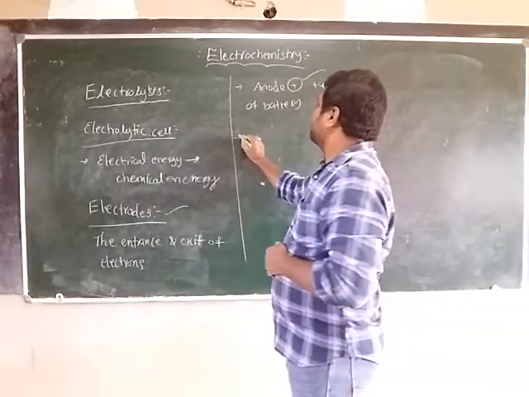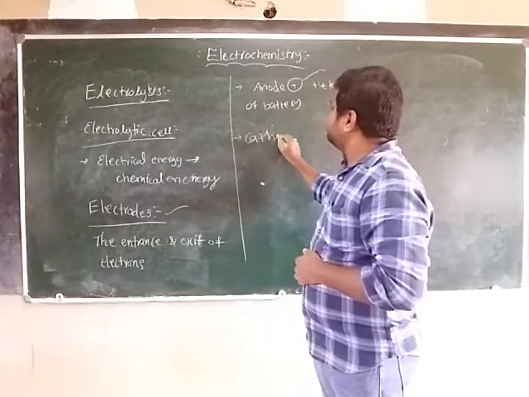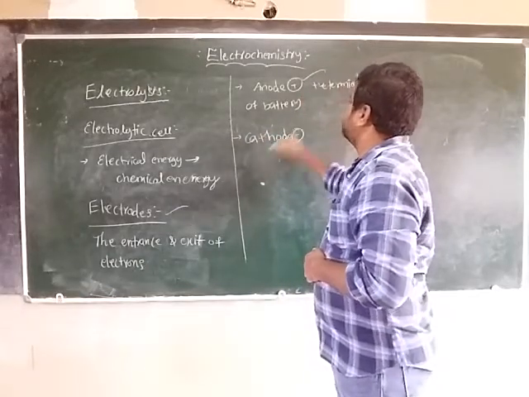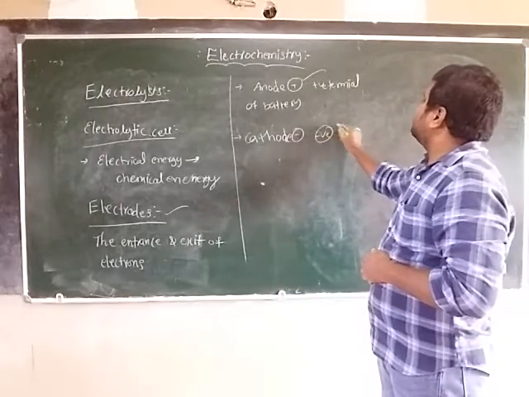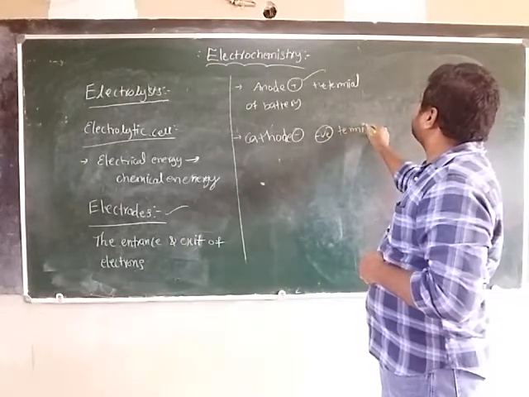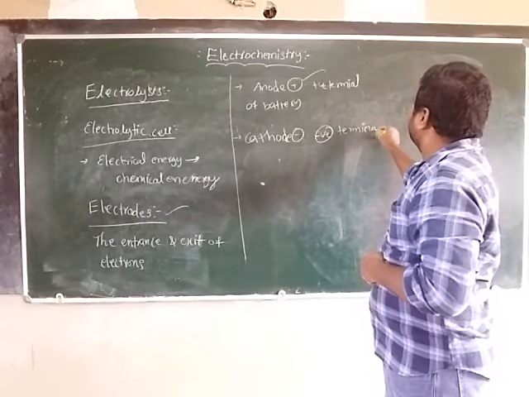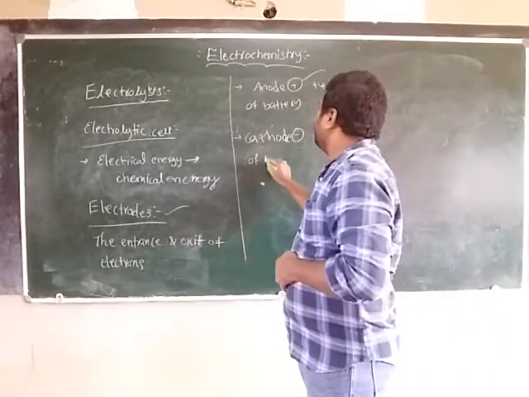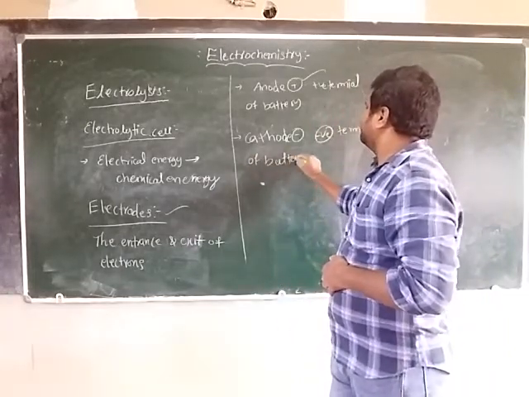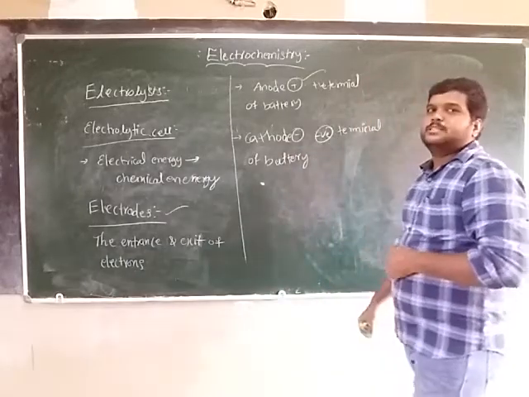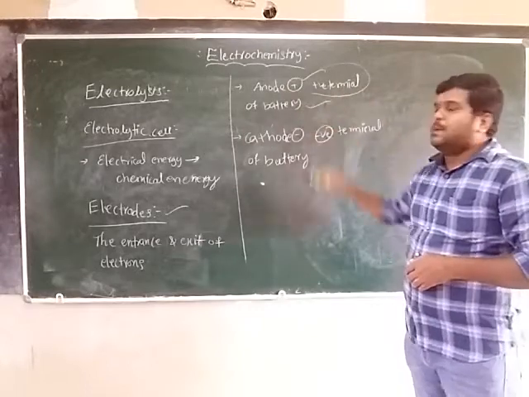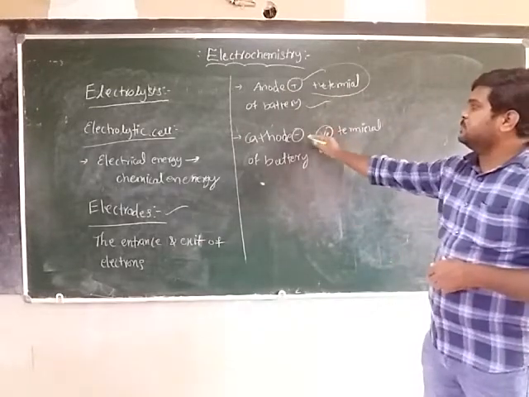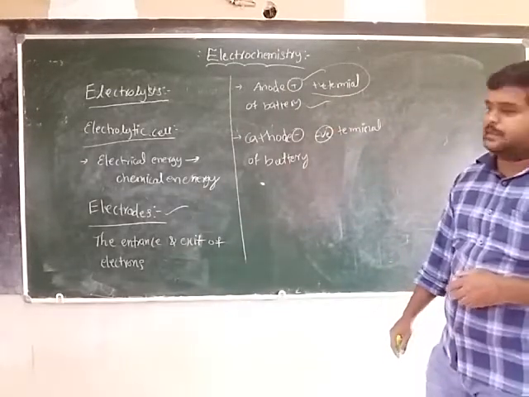And another one, the cathode. The cathode is negative, so it is connected to the negative terminal of the battery. Anode is positive, connected to the positive terminal of the battery. Cathode is negative, connected to the negative terminal.